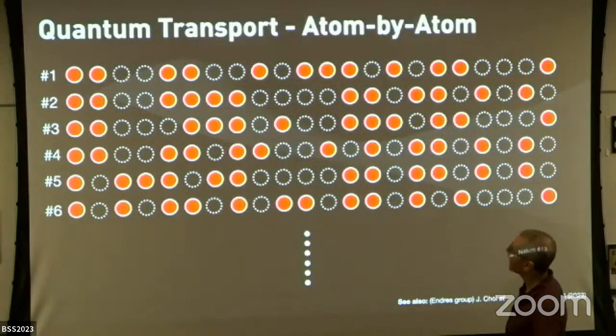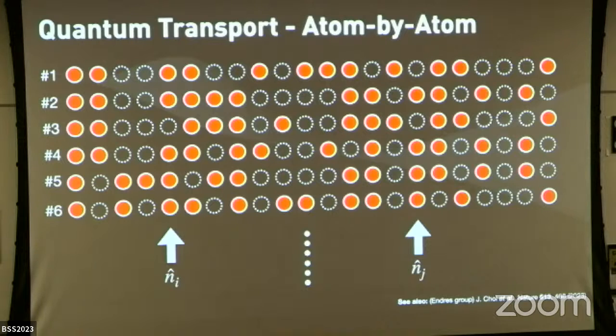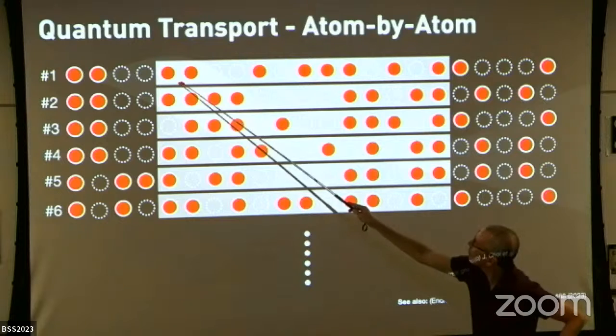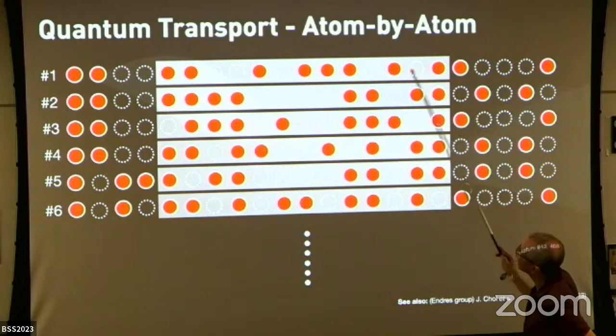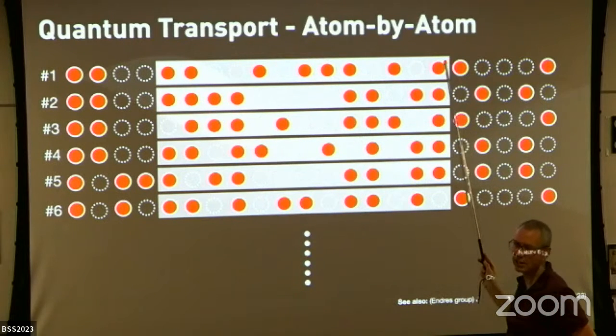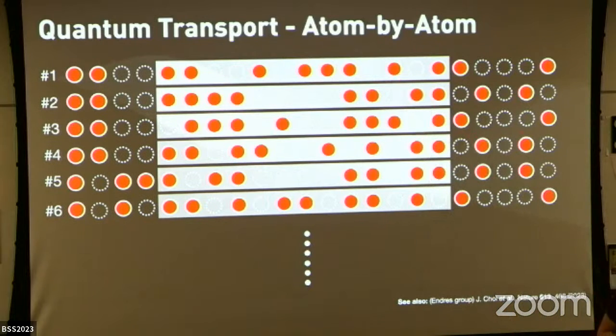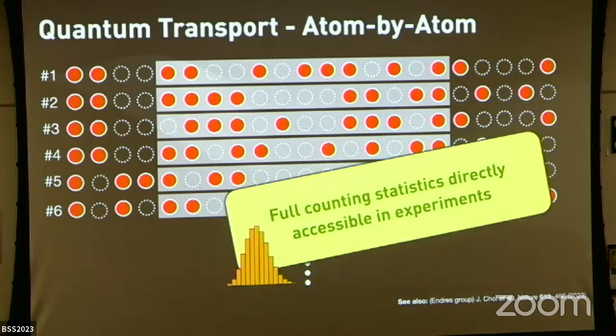And again, when you have these snapshots, you can do interesting things. You can, for example, look at subsystems or densities between sites, and just count the number of particles in these subsystems. How many particles do we have in this subsystem as a function of evolution time? Okay. And when I plot that, that's called the full counting statistics.